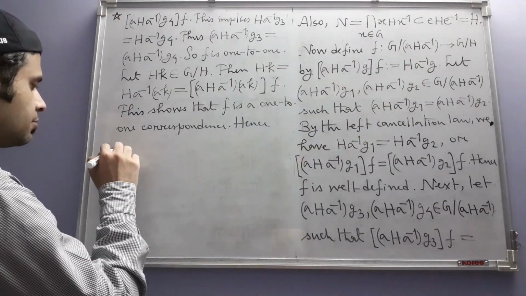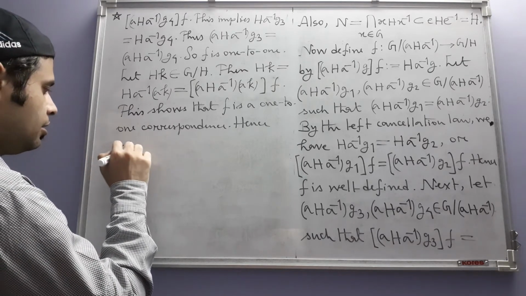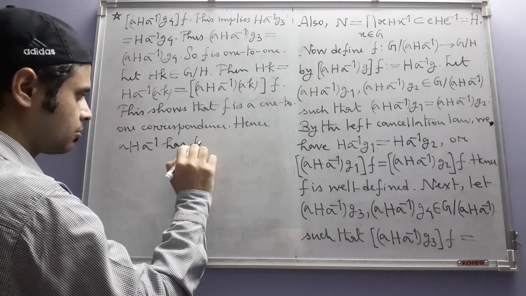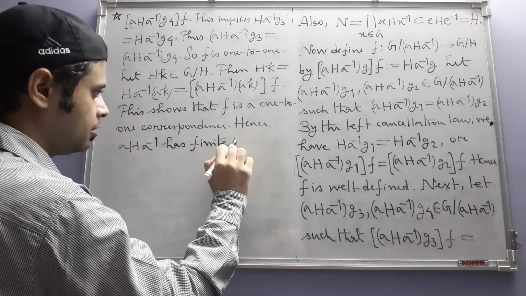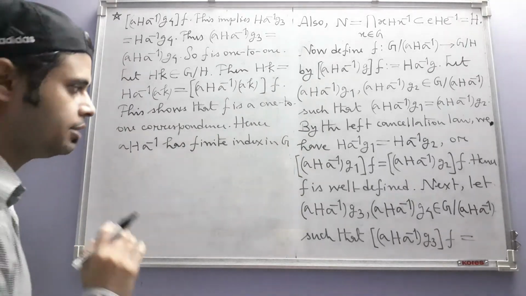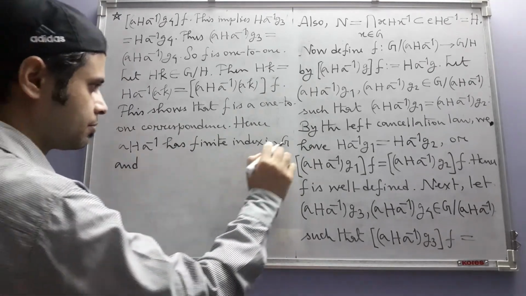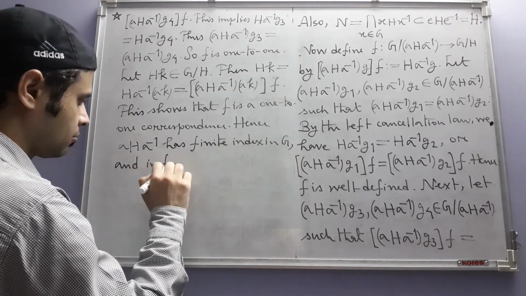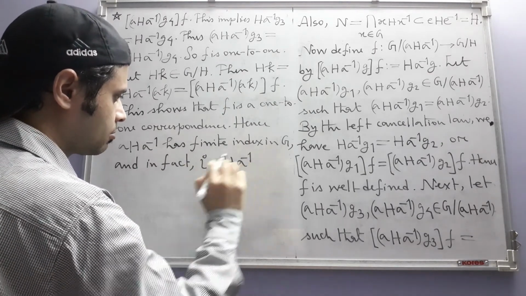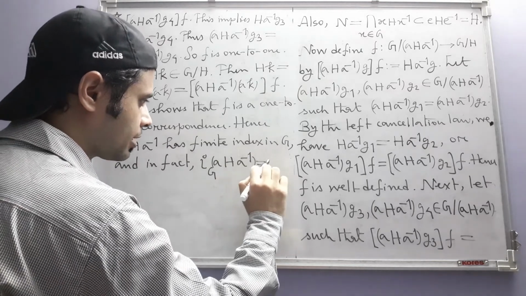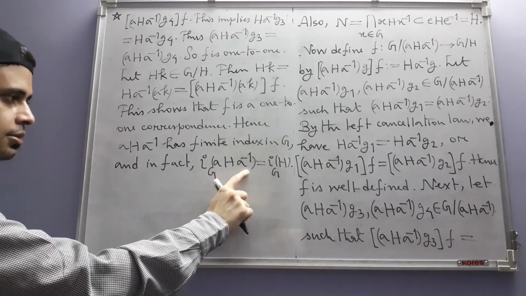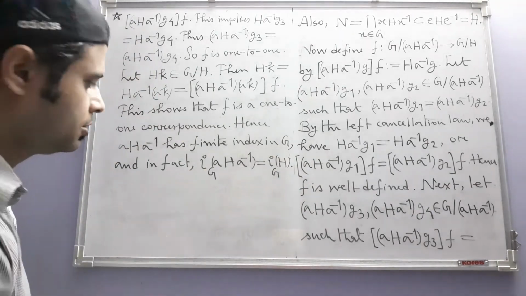Hence, A H A inverse has finite index in G, which is coming from the finiteness of the index of H in G, and in fact its index in G is nothing but the index of H in G. And keep in mind that this is true for any element A in the group G.